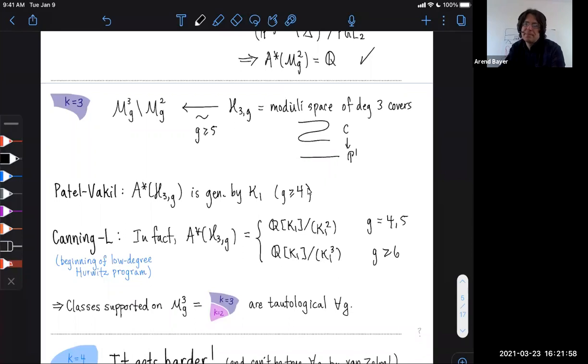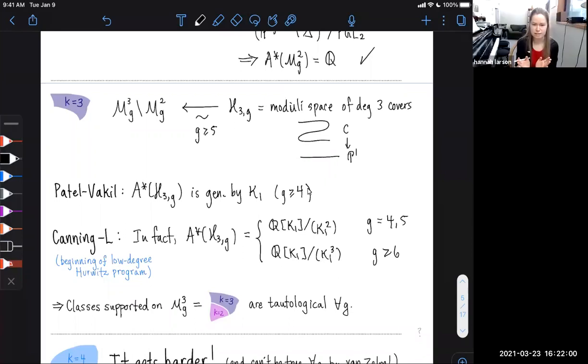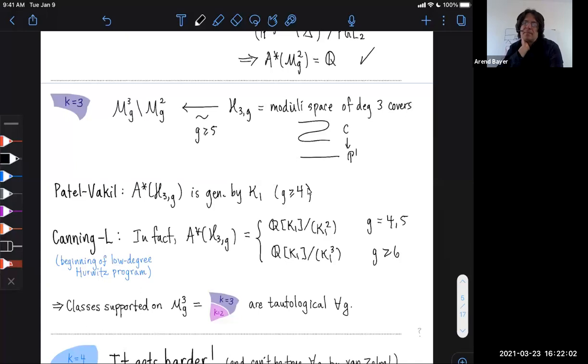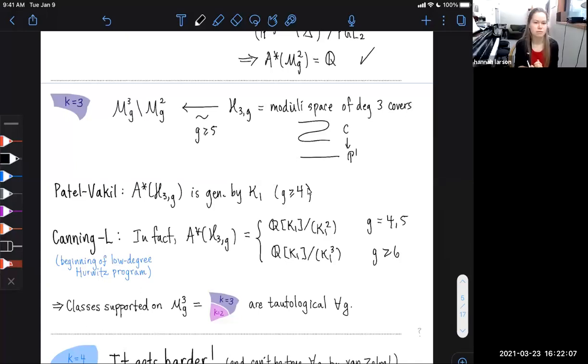And furthermore, if the genus is at least 5, I claim that the degree 3 map is going to be unique. So I would then land by degree 3, 3 on this P1 cross P1, and that means the genus is at most 4. Are there more questions here?